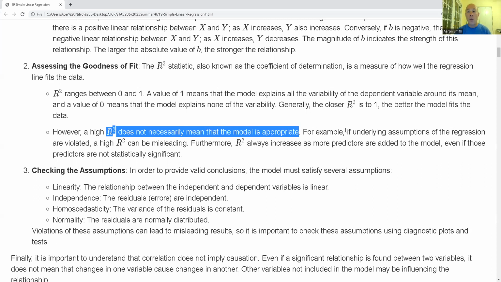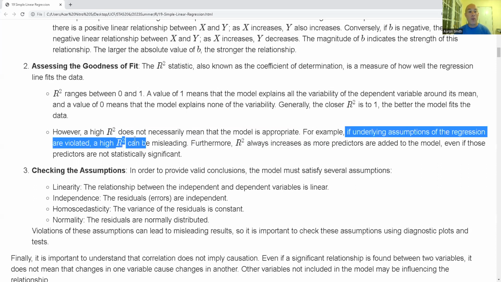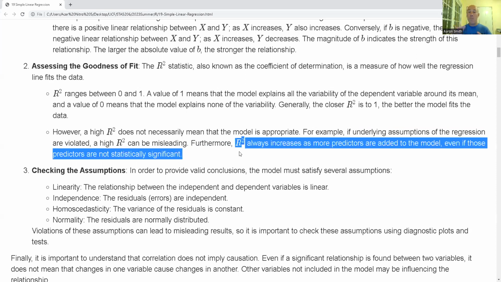For example, if the underlying assumptions of regression are violated, a high R-squared can be misleading. Furthermore, R-squared always increases as more predictors are added to the model, even if the predictors are not statistically significant. So this is a major aspect that we have to be mindful of when we get to the next step of multiple linear regression. We start throwing in more predictor variables.